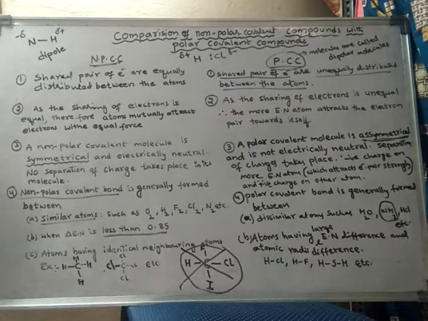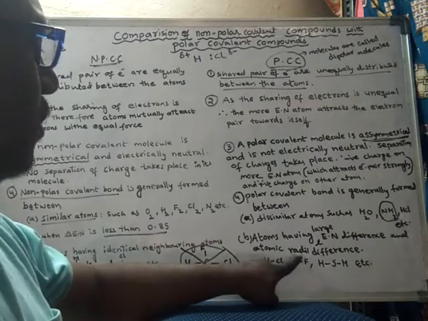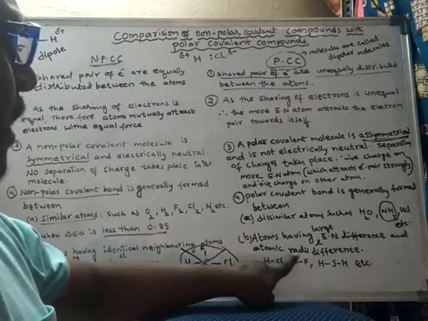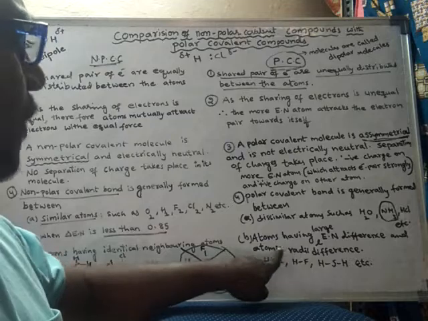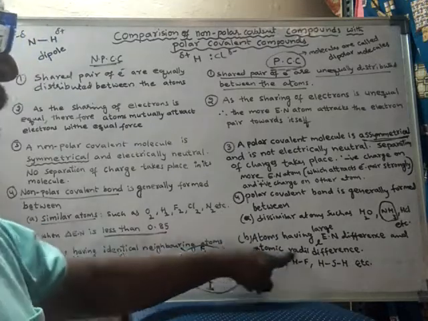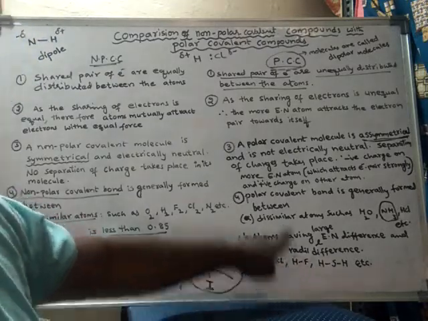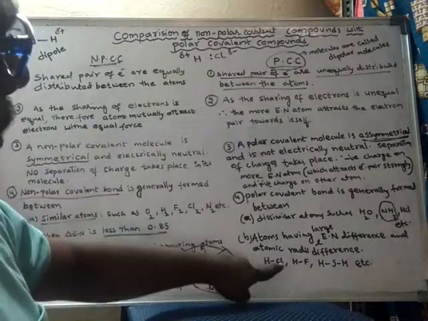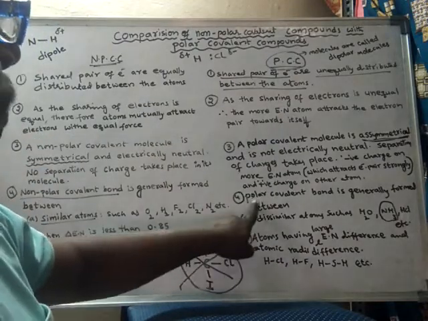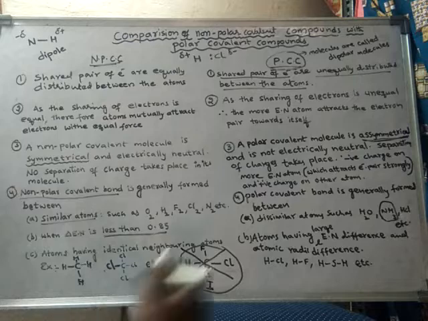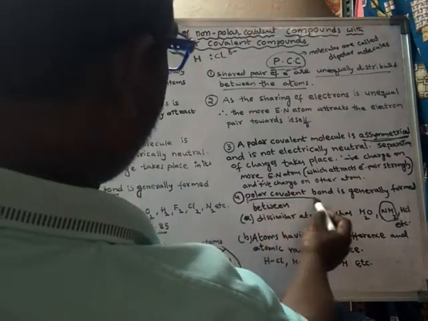Here atomic radii also we have to consider. There should be a large difference in the atomic radii. If there is a large difference in the atomic radii also, the bond formed is said to be a polar covalent bond.